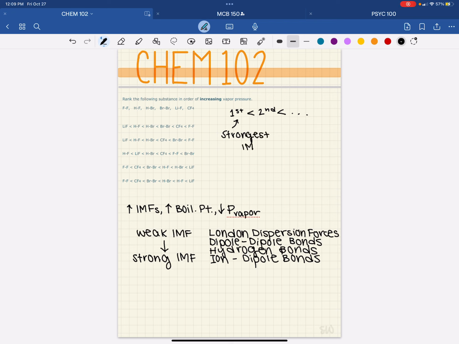intermolecular force. Now we'll remember ion dipole is our strongest. So I'm going to check first to see if there's an ion dipole. Fluorine to fluorine isn't an ion dipole. Hydrogen to fluorine isn't an ion dipole. Neither is hydrogen to bromine, bromine to bromine. Lithium to fluorine is.